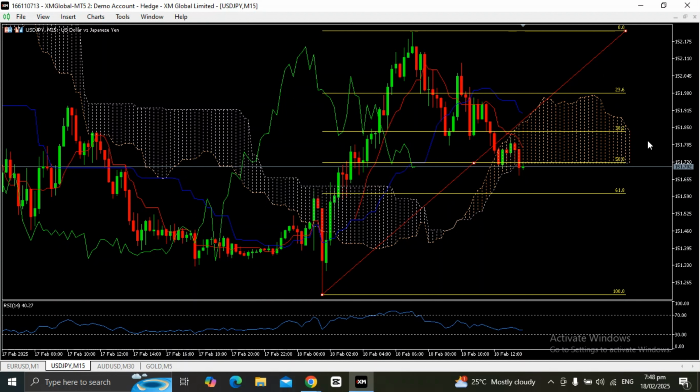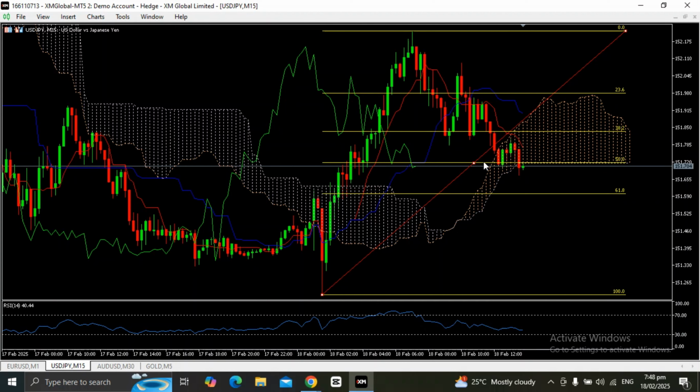But of course, this is not exact, meaning the price could be near that level, not really on that level. Okay, for example, in this one, 50 is somewhere, what, I don't know, somewhere 1.51.